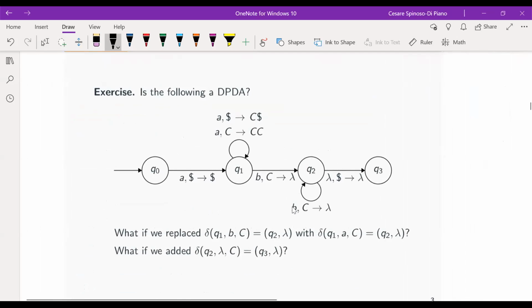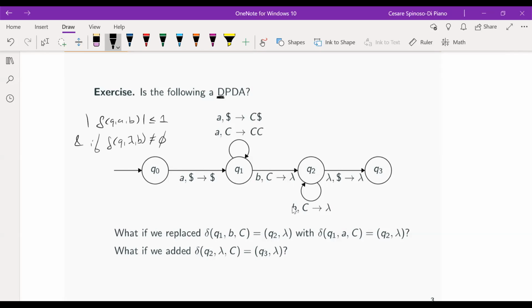straightforward. So we have the following exercise, and we want to know if the following PDA is a DPDA. To do that, you just have to go through all of the transitions and check that delta(Q, A, B) has size at most 1, and if delta(Q, lambda, B) is not empty, so in other words, this is, I think, word for word what the lecture says, but it's actually a good definition.